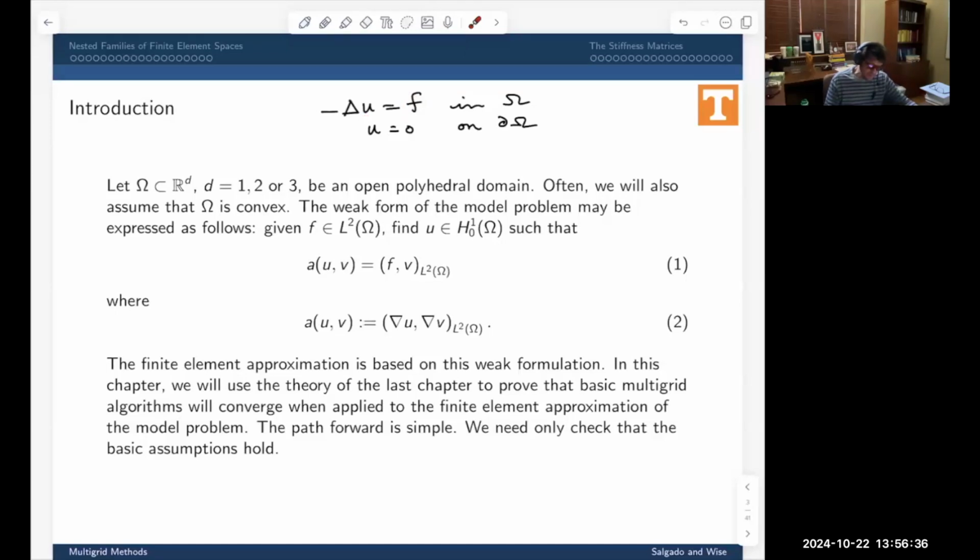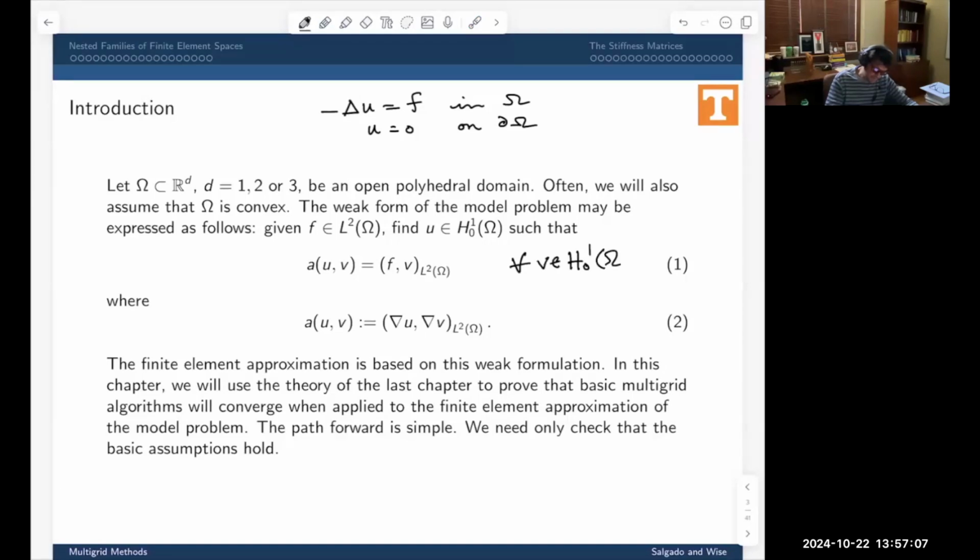In the weak formulation of the problem, we can write it this way. Given f, an L2 function, find u, a function which is in H01. This is the H01 Hilbert space, which we'll talk about momentarily, such that a(u, v) equals (f, v). I should have said, and I failed to do that, for all v in H01.